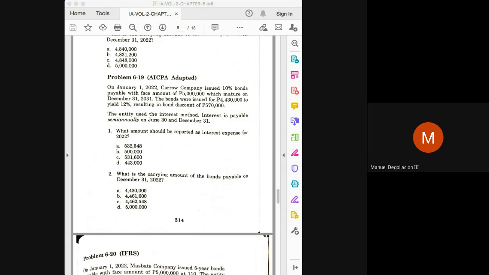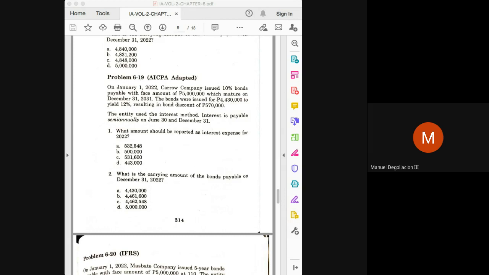Okay. After the first 6-month period, class, the balance of the discount was 554,200 minus the additional amortization during the second half of the year, which is 16,748. The remaining discount would be 537,452. And this would be the amount that we will use to solve for the carrying amount at the end of the year.